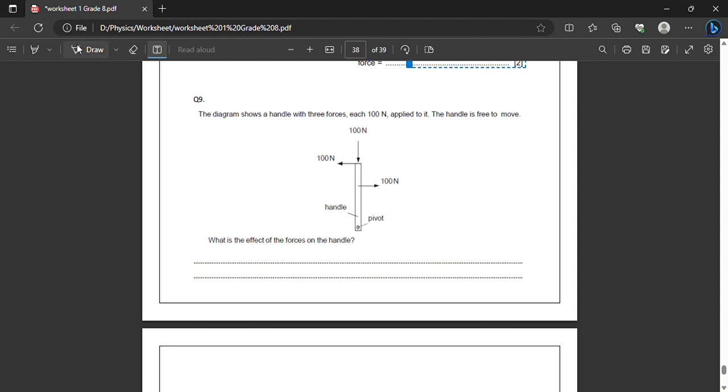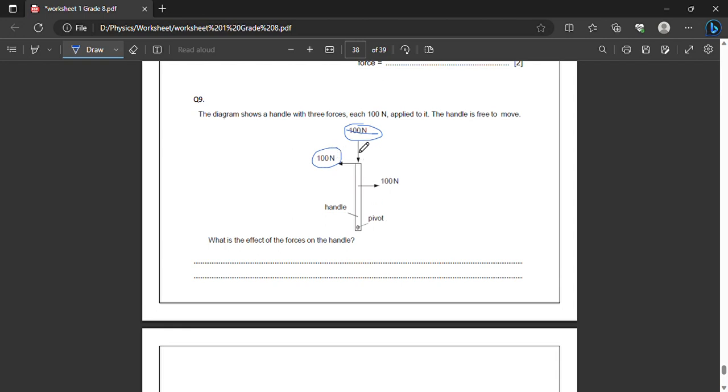So let's check. The force should be far away from the pivot to make it easier to move with less effort. So I think this will be the one furthest from the pivot. Okay, it's not this.